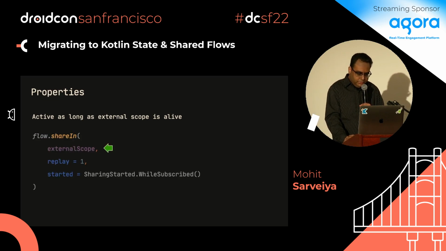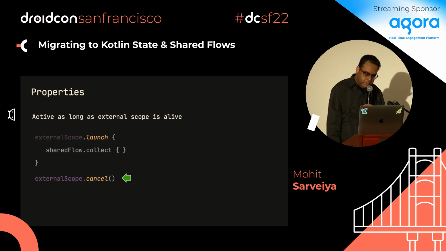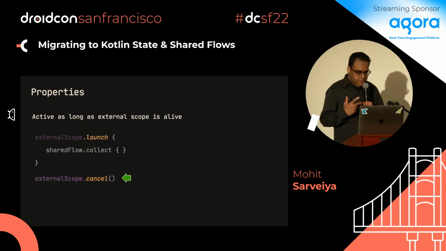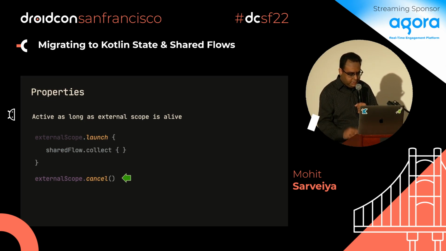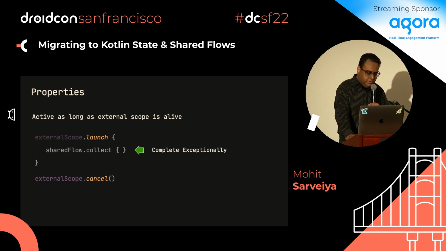And suppose you take this external scope that you gave in, and then you cancel it. If you cancel this external scope, it's going to clean everything up, and it's going to complete your shared flow and your subscriber.